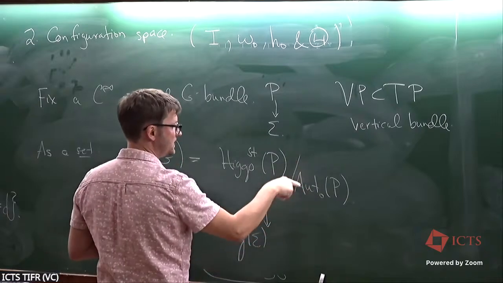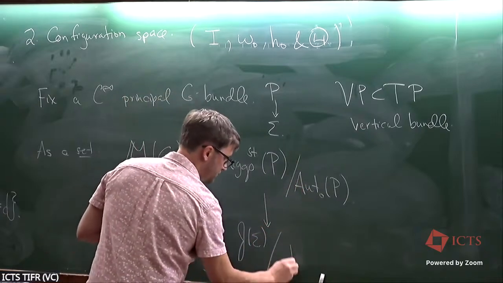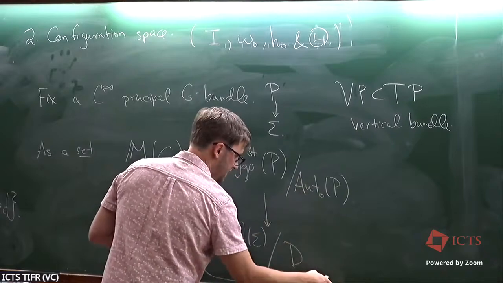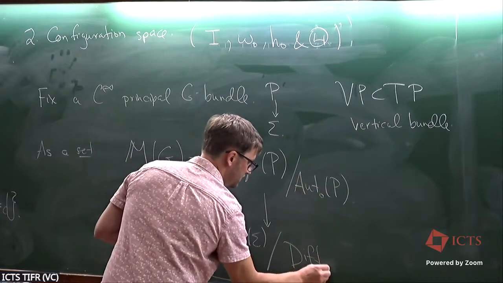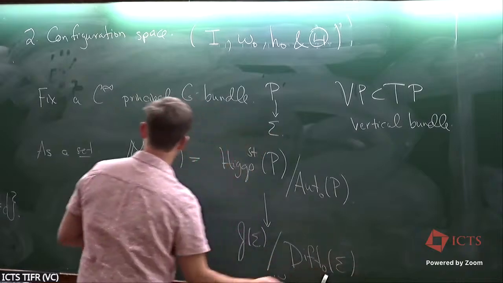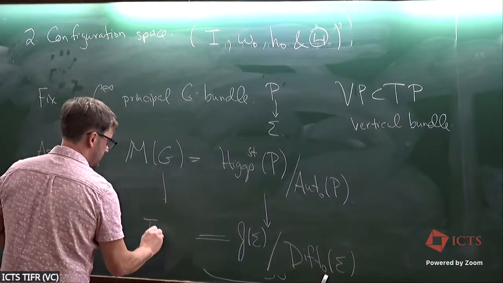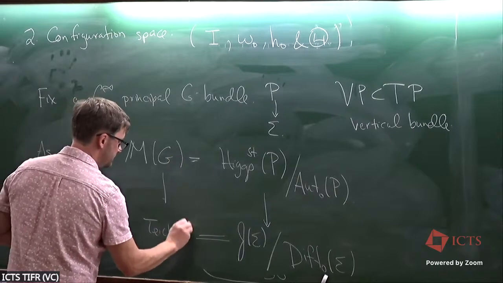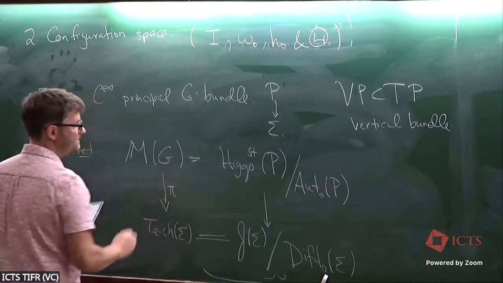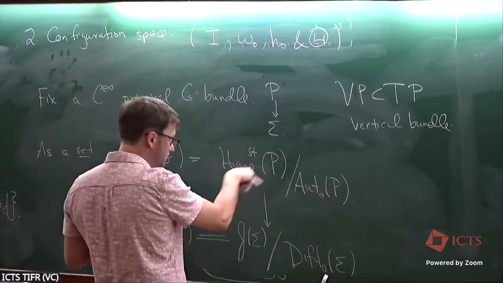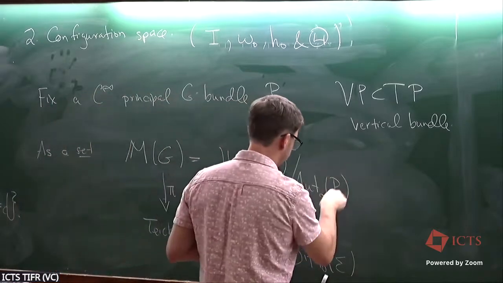The resulting action of this group on the quotient, projected down, will be of the diffeomorphisms. This is how you will build this thing over Teichmüller space. I will define this, but let me first define this group for you.